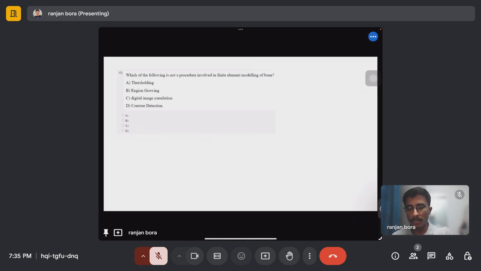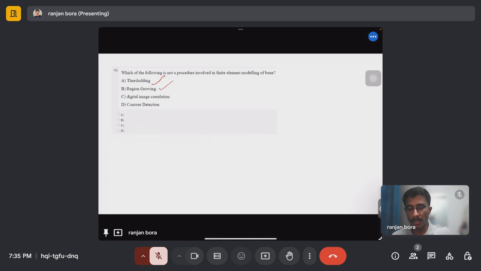So in the previous tutorial, I discussed these methods: thresholding, region growing, and these are all methods we use for segmentation purposes. Means for segmenting the different bones from the CT images, and those are helpful.